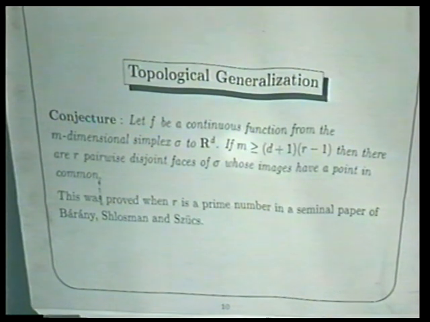Now, if you consider linear functions, then this is just Tverberg's theorem, because the only thing that matters is the images of the points. But for continuous functions, this is still not known. The case of r being a prime number was proved in a seminal paper.